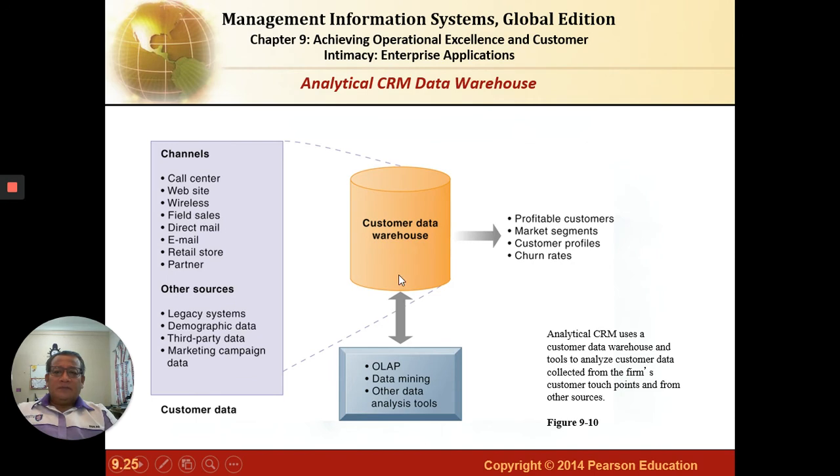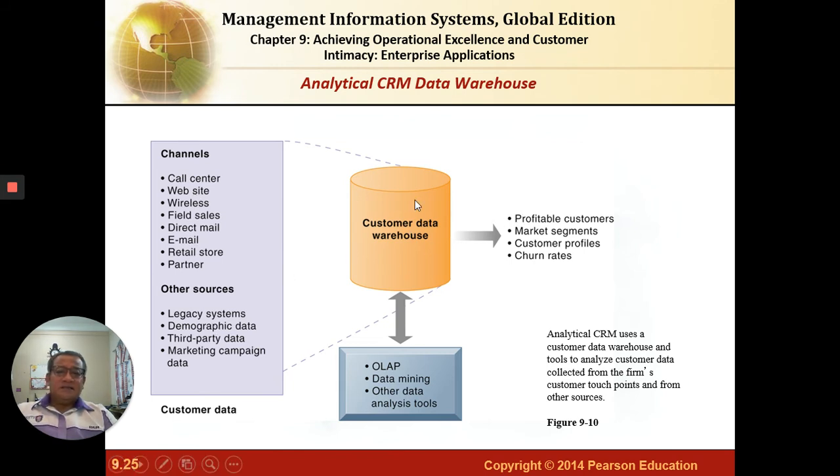So from this analytical CRM data warehouse, basically all the database is centralized here, and managers and users at Toyota can data mine the customer data warehouse from this channel. For example, call center, they can see data browsing at the website, email, and so on.